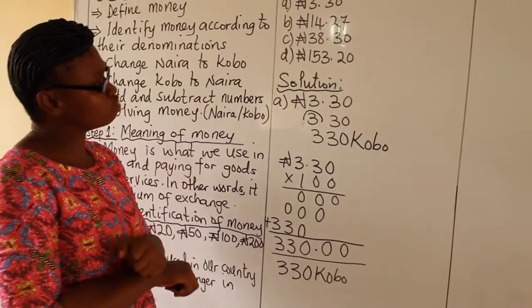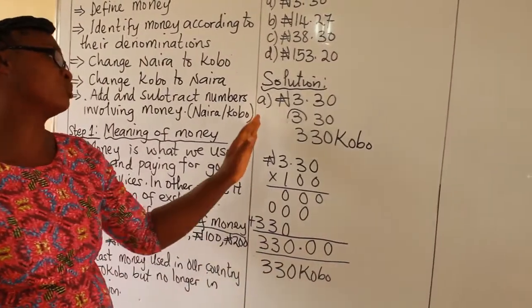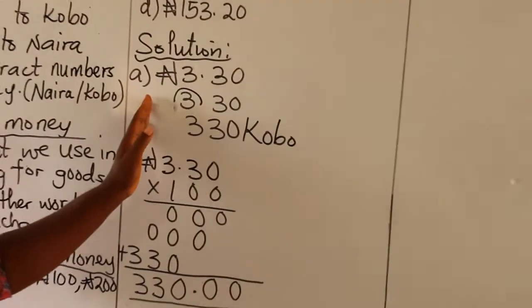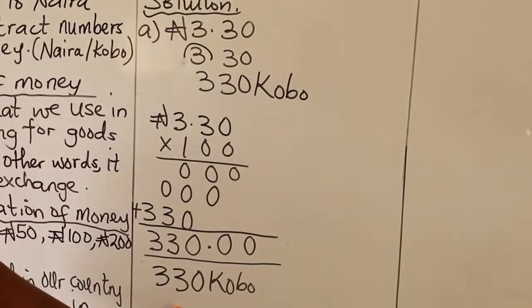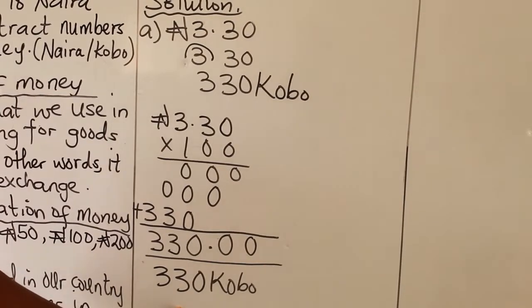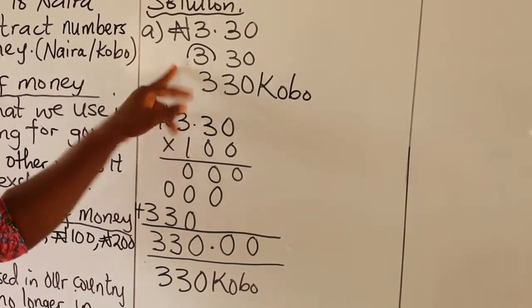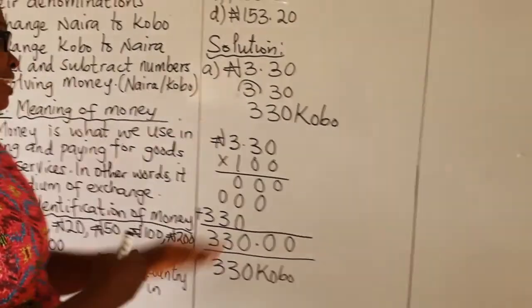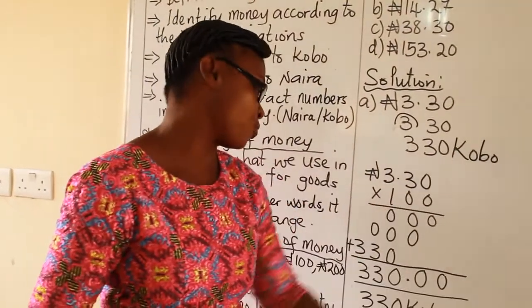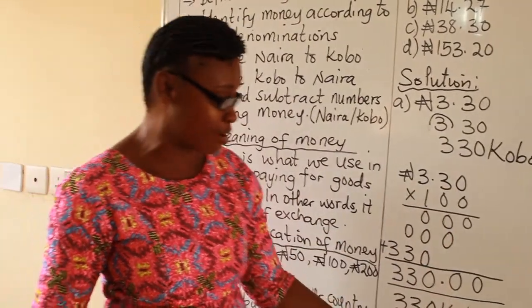So children, if I want you to say something. Between this other example and this one, which one do you prefer? I know so many of you, because of multiplication, you will say, I would like this one just to move my decimal point a place further, and then I have my 330 kobo, than to stay to multiply all this.